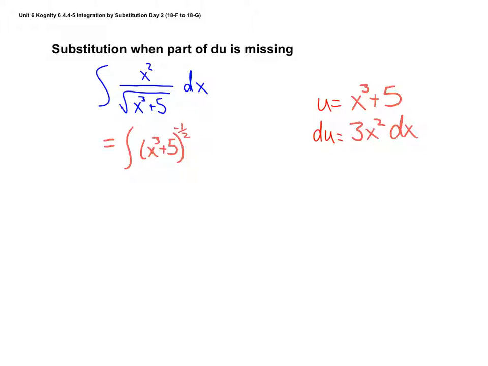And then the other part is times x squared dx. Now, can I substitute du in? No. I'm missing a bit. The nice thing is, all I'm missing is the constant. I'm missing the 3.